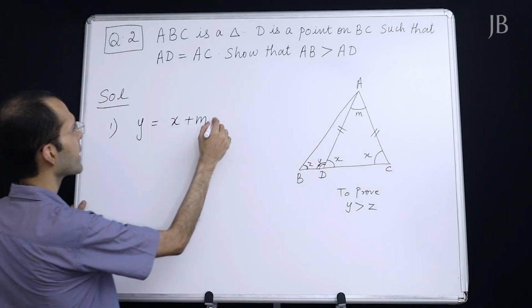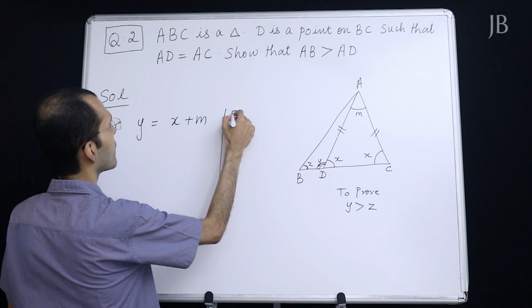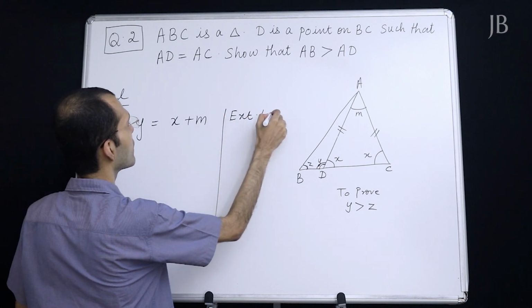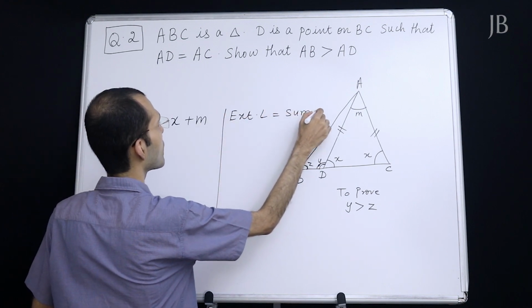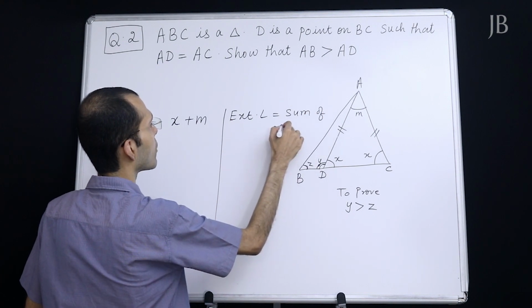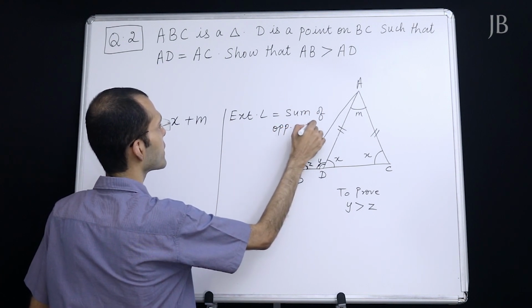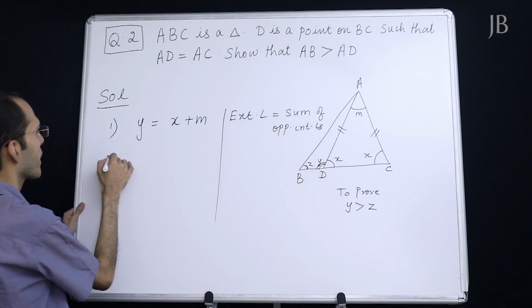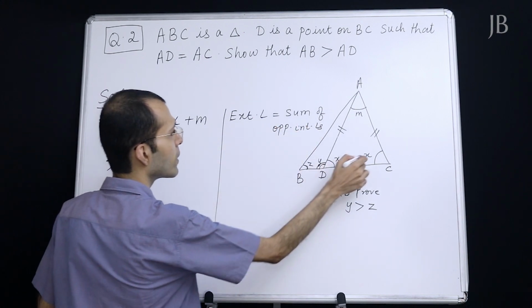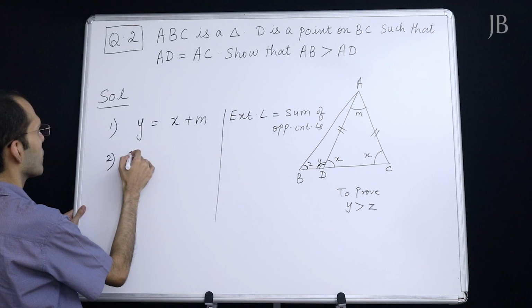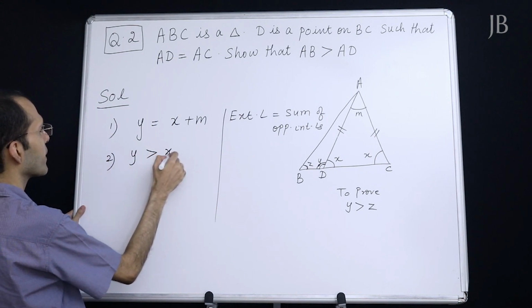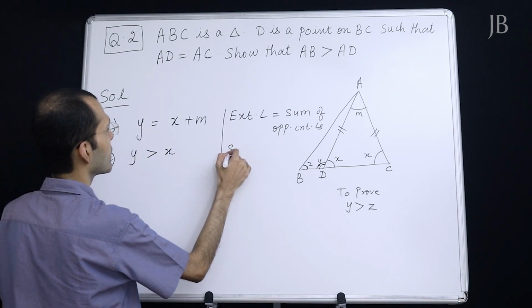Y is equal to x plus m. Exterior angle is equal to the sum of opposite interior angles. Now if Y is equal to x plus m, so this will imply Y greater than x naturally.